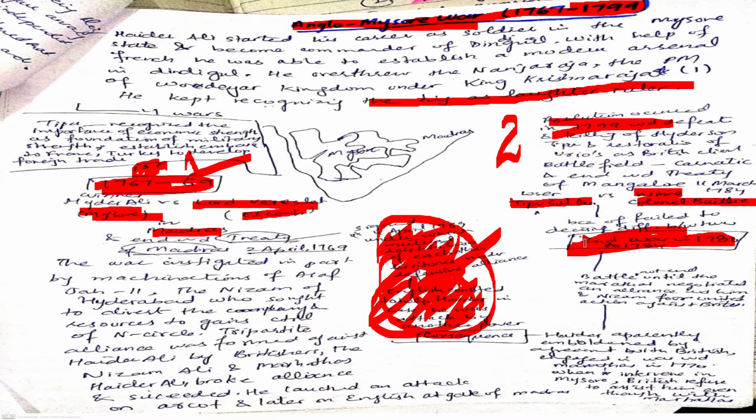So what were the consequences? Hyder, apparently emboldened by the agreement with the British, engaged in war with the Marathas in 1770. When the Marathas intervened in Mysore, the British refused to assist him, which was against the Treaty of Madras the British signed after the defeat in the first Anglo-Mysore War.